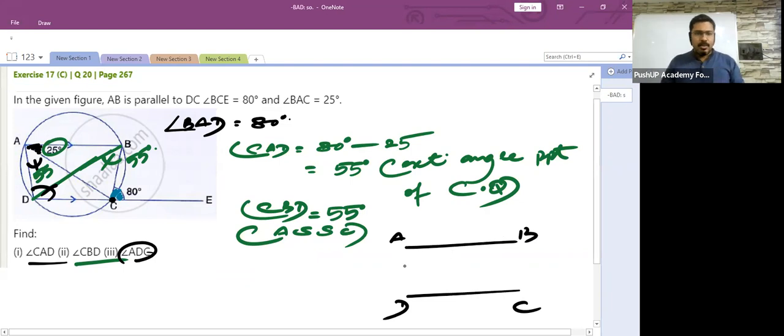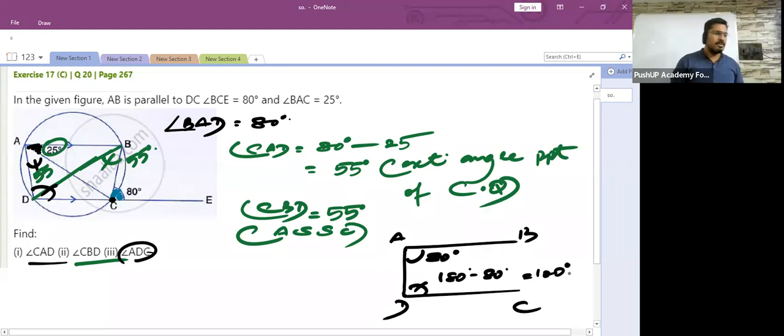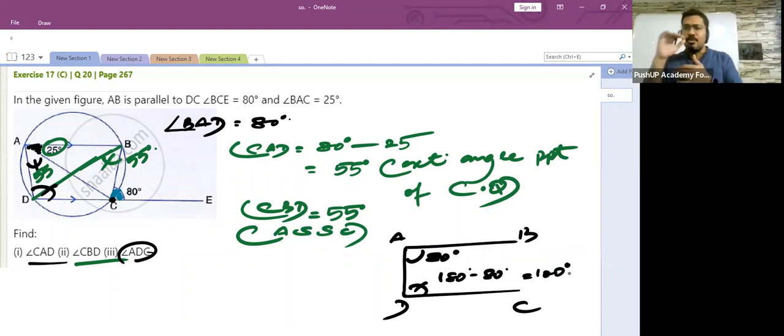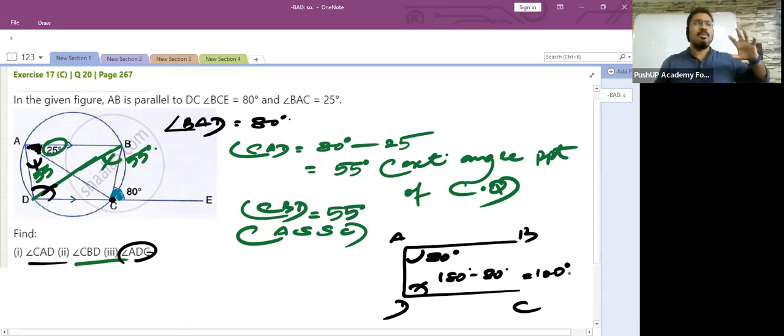Then you know this whole angle is equal to 80 degrees. So how much would be angle ADC? It would be 180 minus 80, and that is equal to 100 degrees. You all agree with this? Why? The sum of the co-interior angles between two parallel lines is always 180 degrees. Agreed? Children, you can do it in multiple ways.